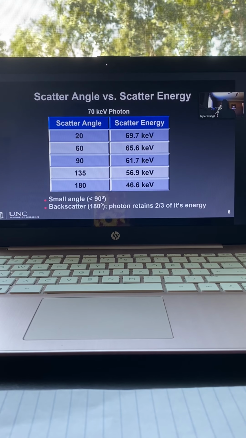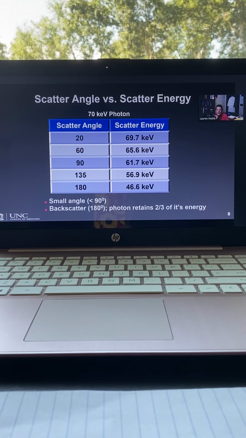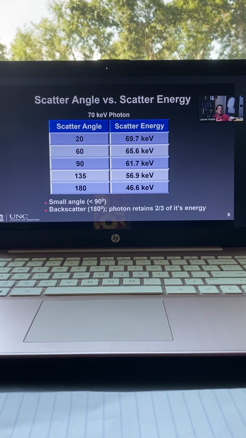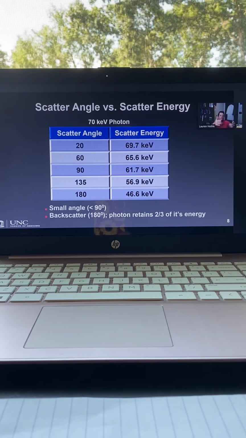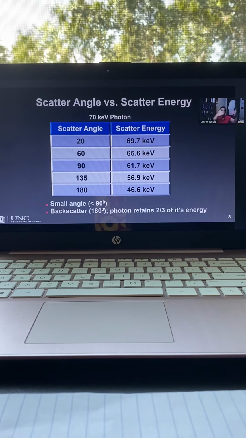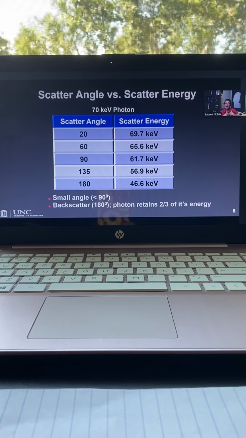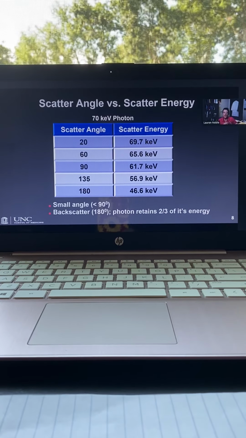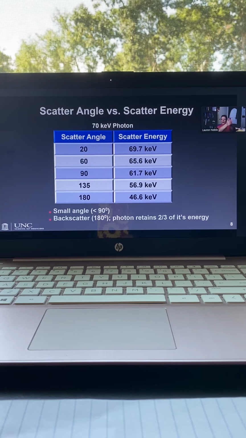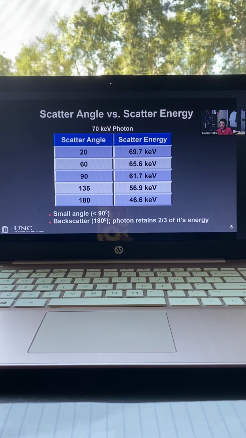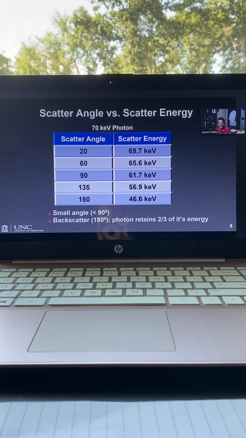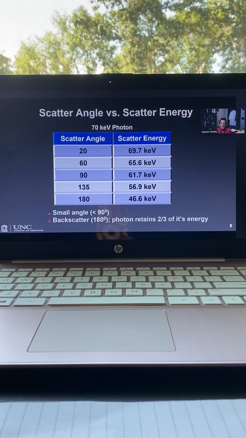It's going back the same direction that it came in. So if a patient is AP on the table, so the chest is facing the tube, the x-rays come in and they interact, but then the scatter x-rays will exit back out the front of the patient. That's what backscatter is. They scatter back in the direction that they came in.